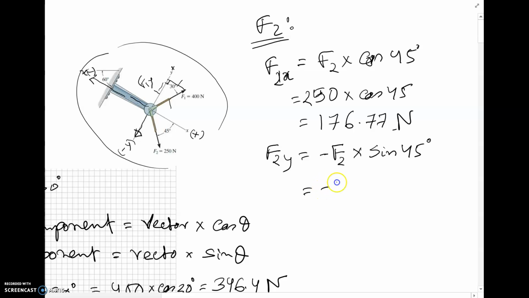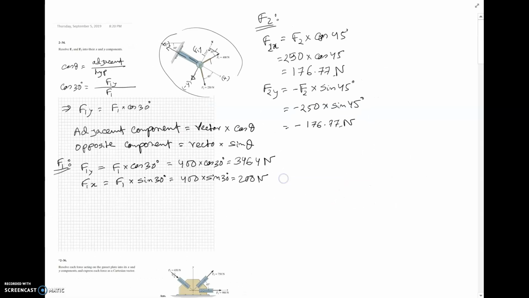Putting the values and using the calculator, this equals minus 176.77 Newton. So now we have all the x and y components for both F1 and F2.